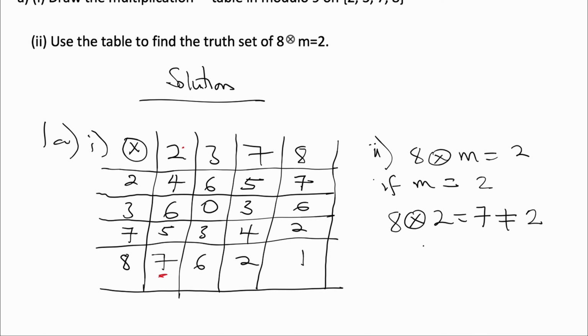So let's move on to the next value, which is 3. If m is equal to 3, then we are saying that 8 times 3 should be equal to 2. But when we check from our table, 8 times 3 is 6, which is not equal to 2. So this is also not equal to 2.